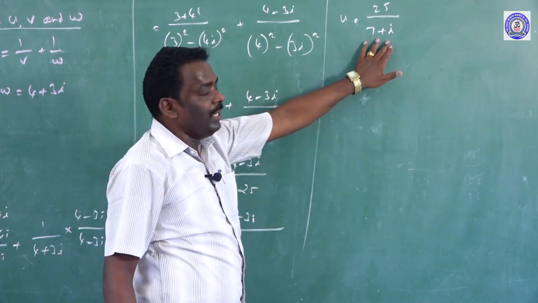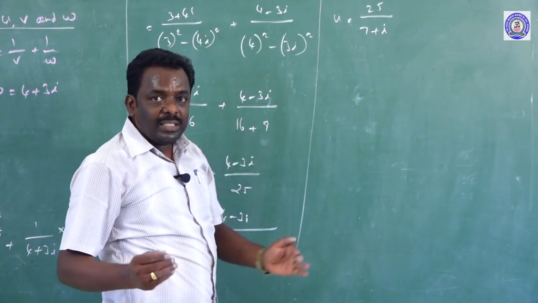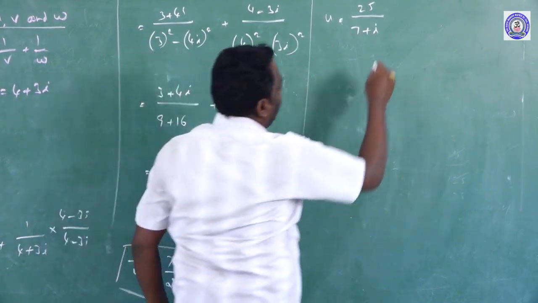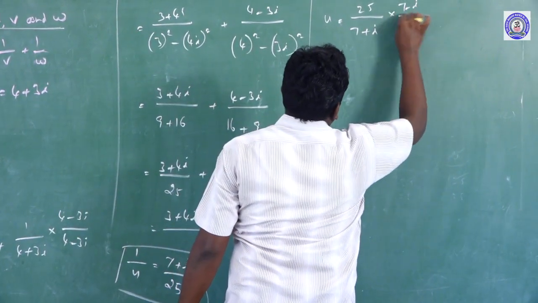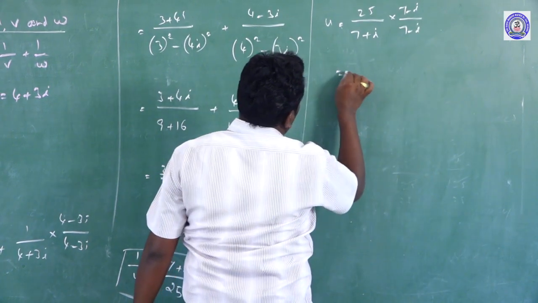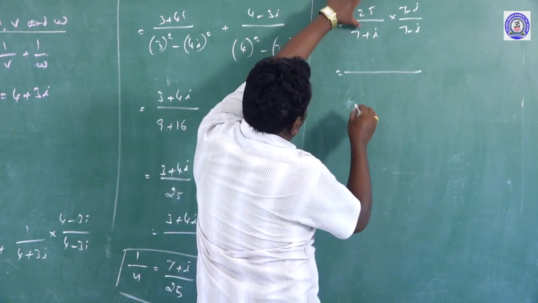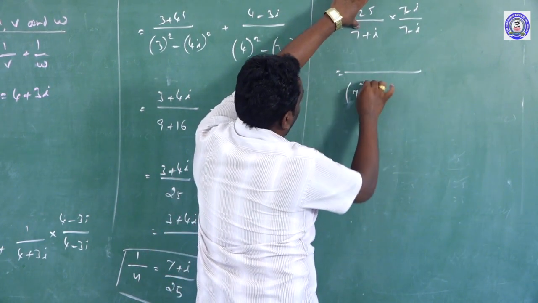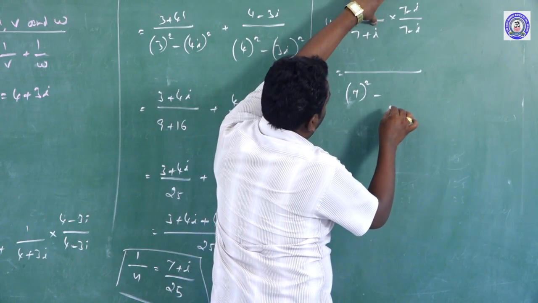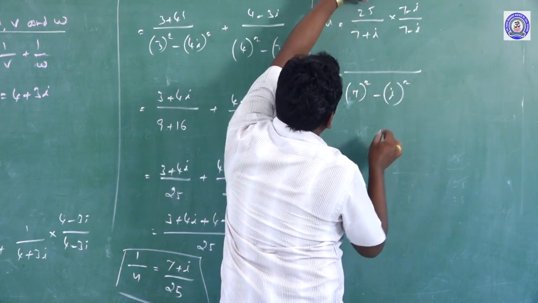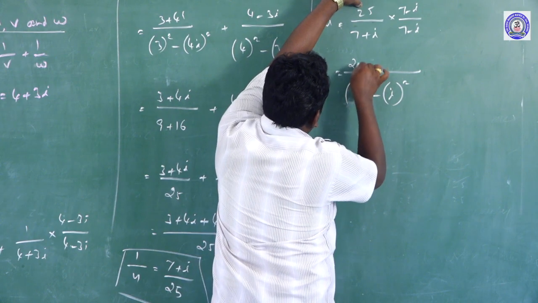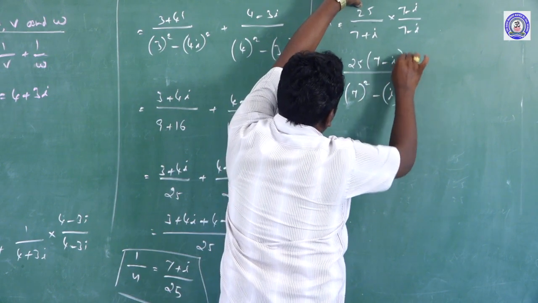Again we have the expression in the i form, so we take the conjugate of the denominator. Therefore 7 minus i by 7 minus i, that is again the a plus b, a minus b form, a is 7, 7 whole square, minus b is i, whole square. Then multiply 25 with the bracket 7 minus i as it is.